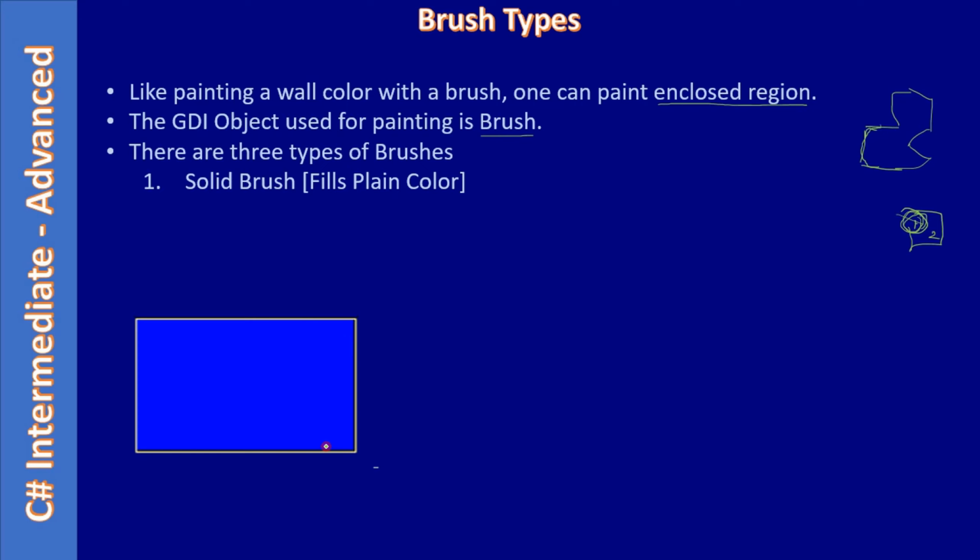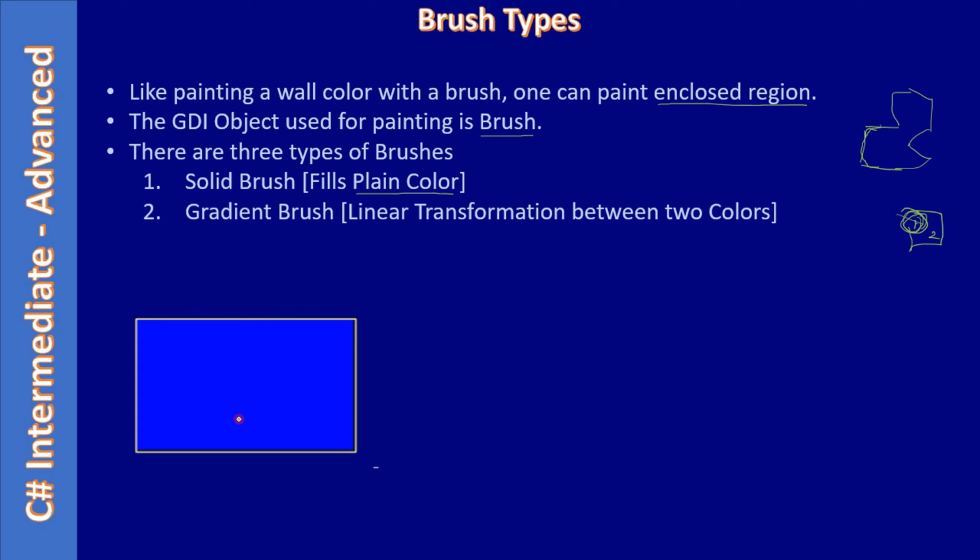This is called the brush color. Here we use a brush color of blue. So the solid brush fills the enclosed region with a plain color. The color can be anything. Here what is shown is blue, but the enclosed region can be painted with any color.